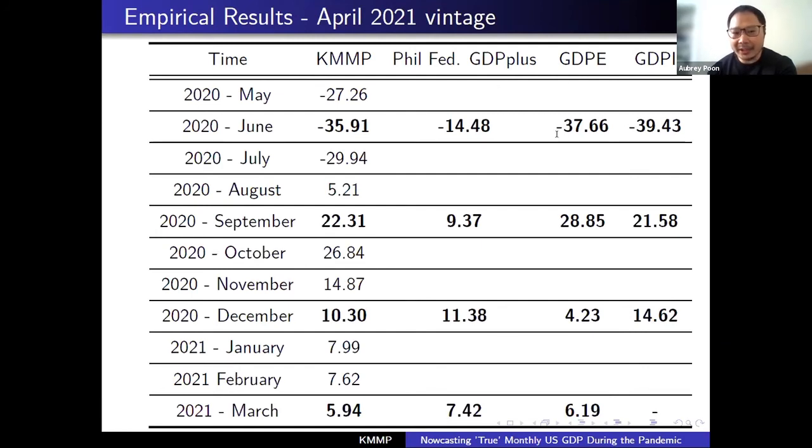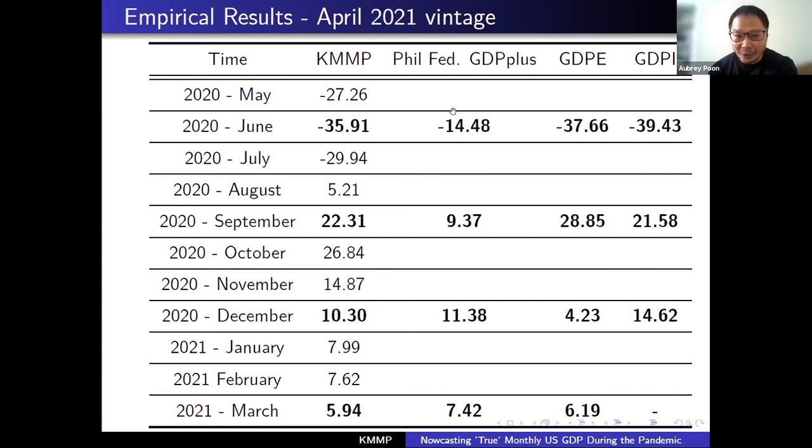I just want to show there may be some instability in the original ADNS model. For example, if you look at the 2020 June measure, so this is 2020 Q2, the observed GDPE and GDPI measure was about minus 39%. But the Philadelphia Fed said true GDP was minus 15%.